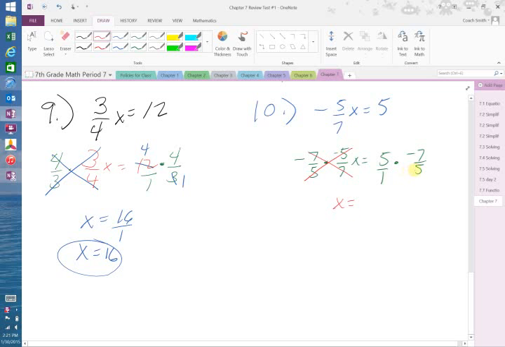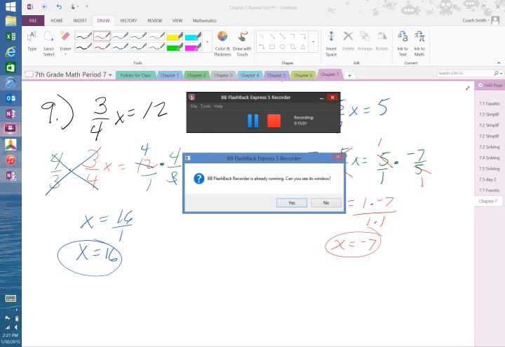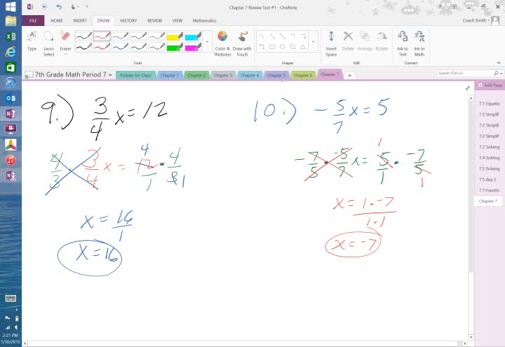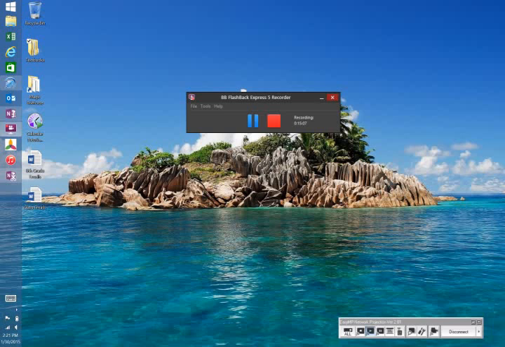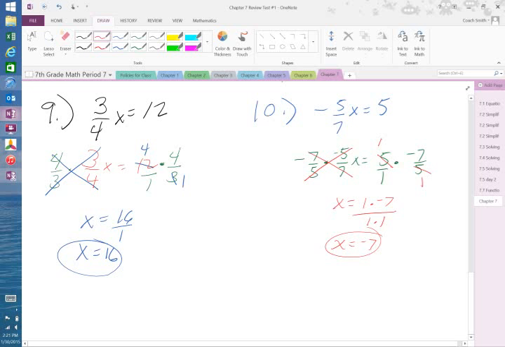Over on the right side, 5 goes into 5 once, 5 goes into 5 once, and that would be 1 times negative 7 over 1 times 1, which is negative 7. All right, x equal to negative 7.